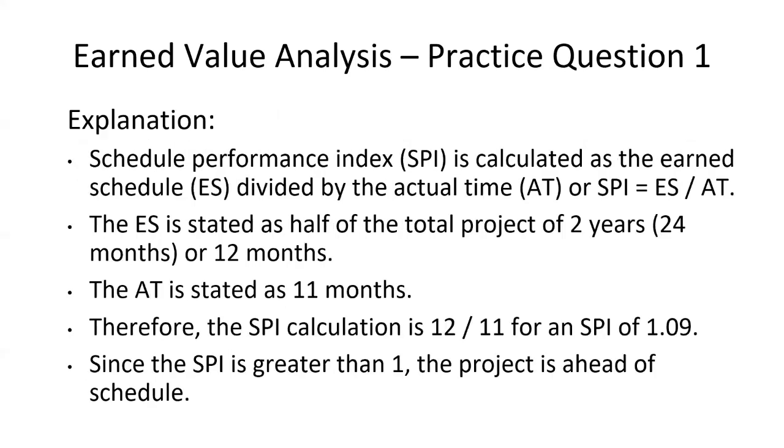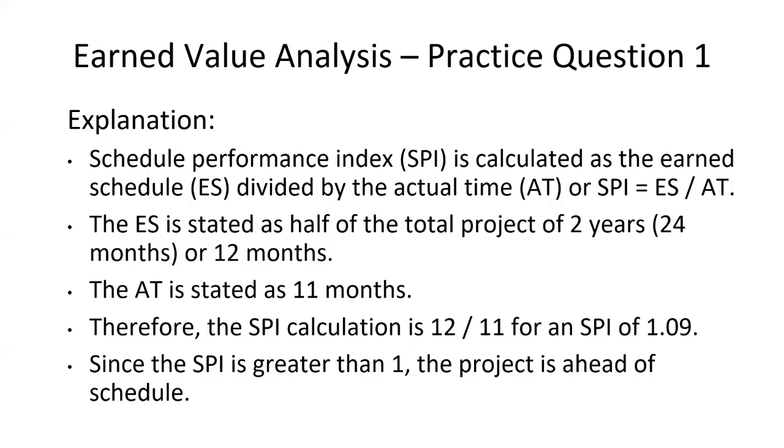We need to find the SPI. Again, because we don't have dollar amount, we would not be using the dollar formulas, but instead we would be using duration formulas, which is earned schedule upon actual time. Now, earned schedule, according to the question, is that half of the project is completed. So that means the total project was 2 years, and half of 2 years is a year or 12 months.